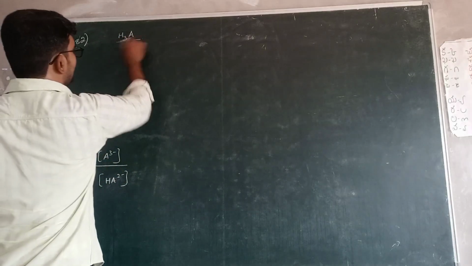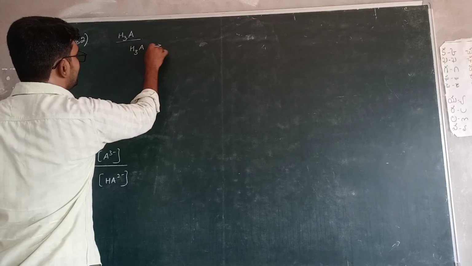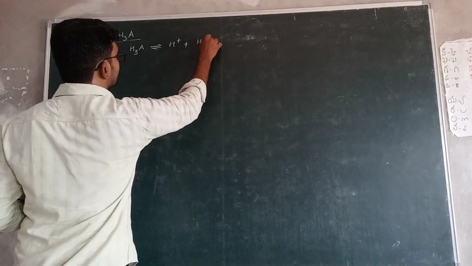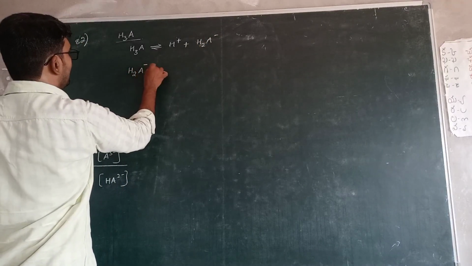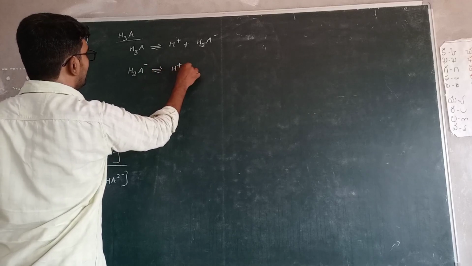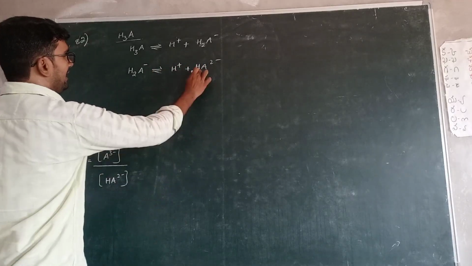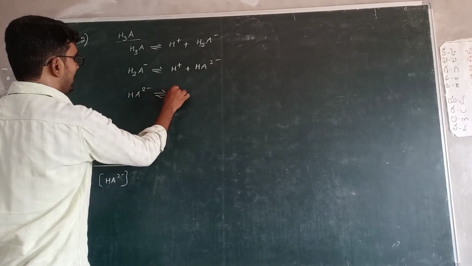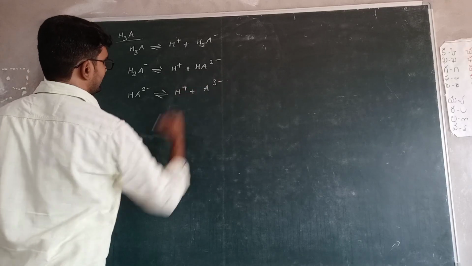The given one is H3A. H3A first dissociates as H plus plus H2A minus. Again this dissociates as H plus plus HA2 minus. Third dissociation: HA2 minus dissociates as H plus plus A3 minus.